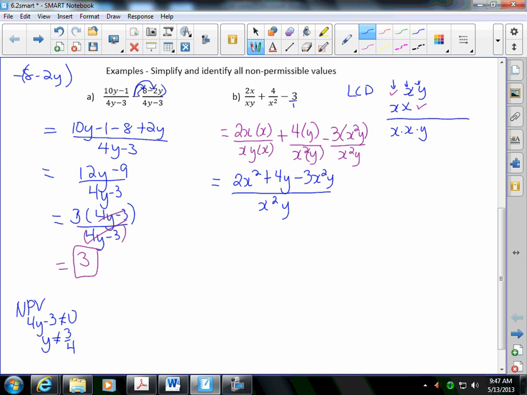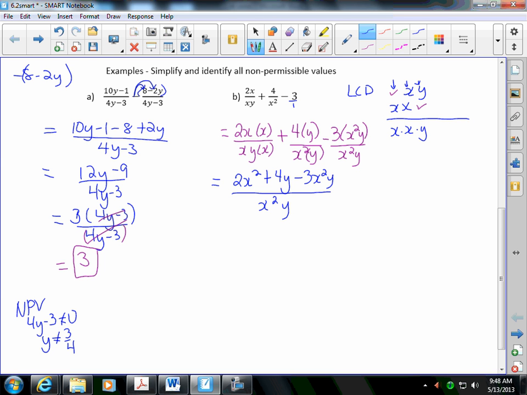So then you check and see, can I cancel anything out? Or first, can I factor anything out? So can I take anything out of 2, 4, and negative 3? No, I can't. This one has an x, but this doesn't have an x, so I can't GCF an x. And these two have y's, but this one doesn't, so I can't GCF the y.